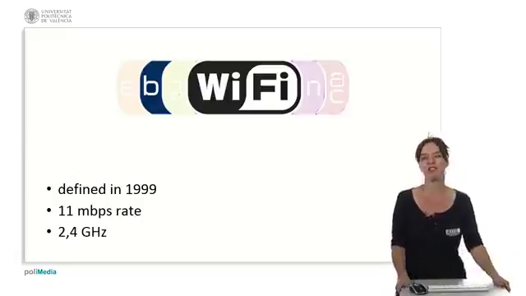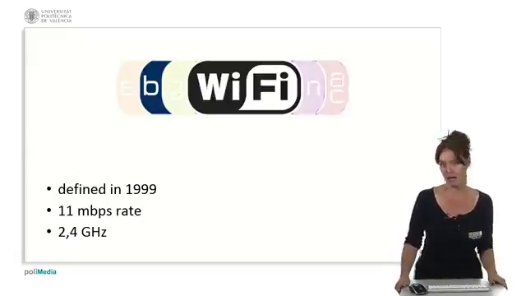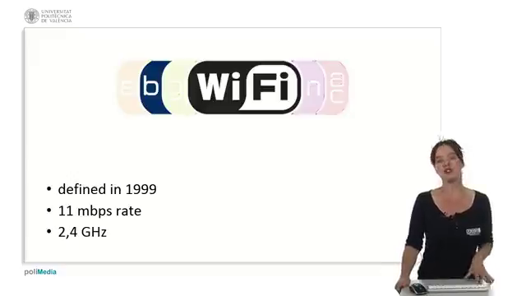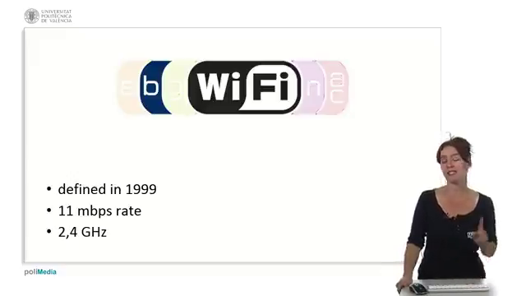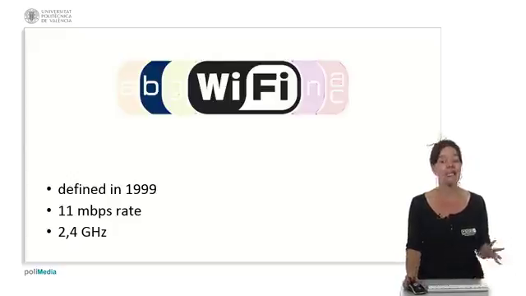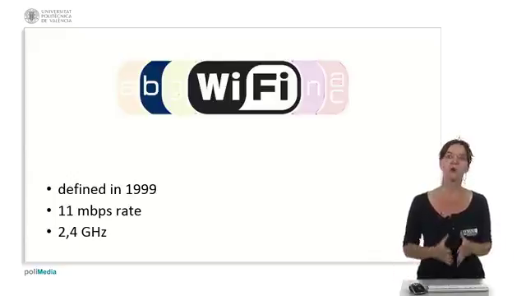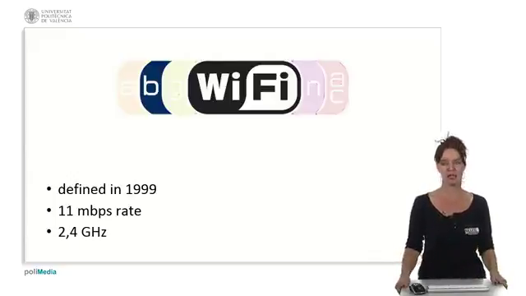The 802.11b family was defined in 2000 and transmits data at 11 megabits a second. So this uses a different frequency band, which means that it's incompatible with 802.11a. It defines 14 channels, of which only 11 can be used in the United States, and these channels overlap. Only 3 of them can be used at the same time.